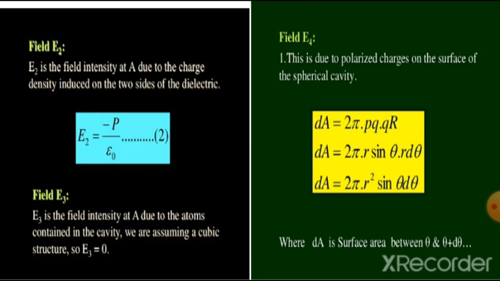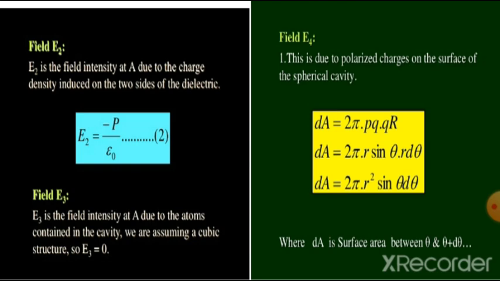Now field E2. E2 is the field intensity at A due to the charge density induced on the two sides of the dielectric. E2 is equal to minus P by epsilon naught. Field E3 is the field intensity at A due to atoms contained in the cavity. We are assuming a cubic structure, so E3 is equal to 0.